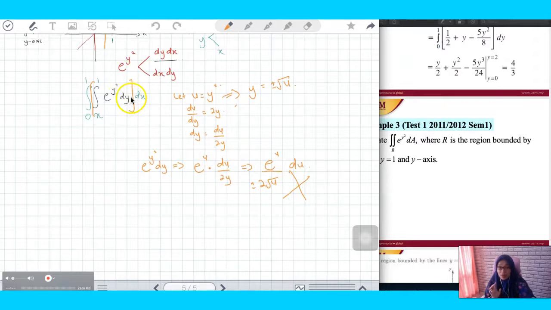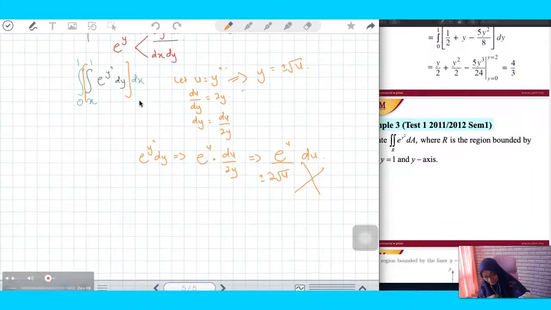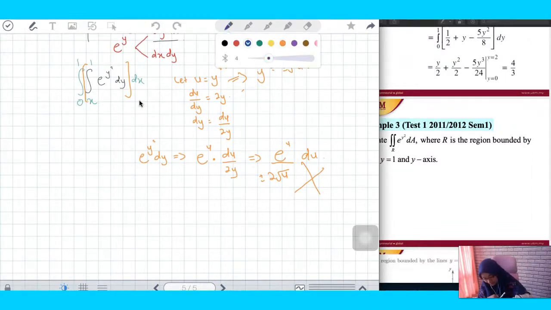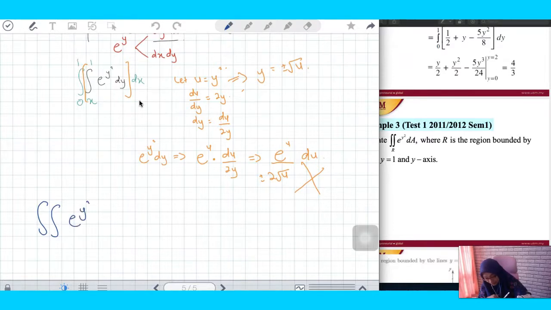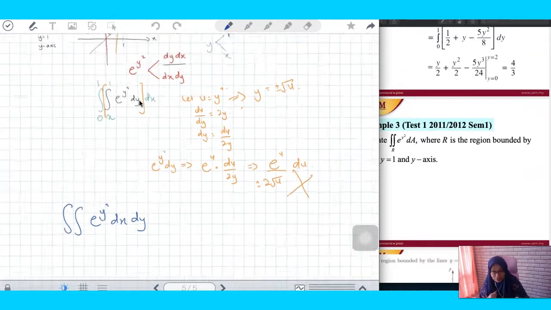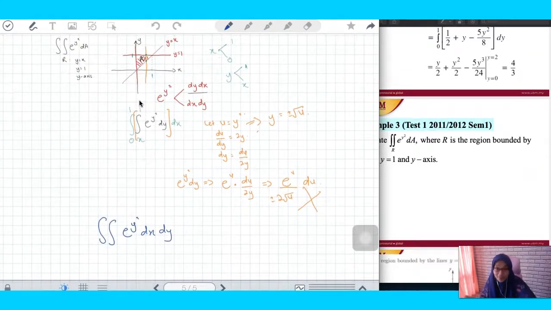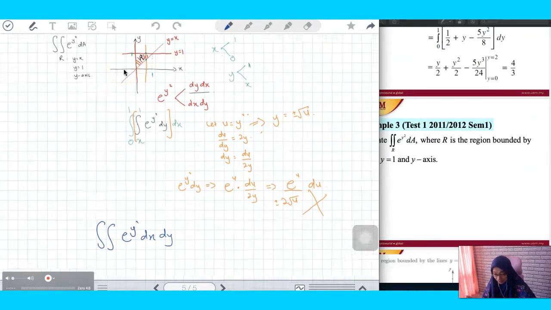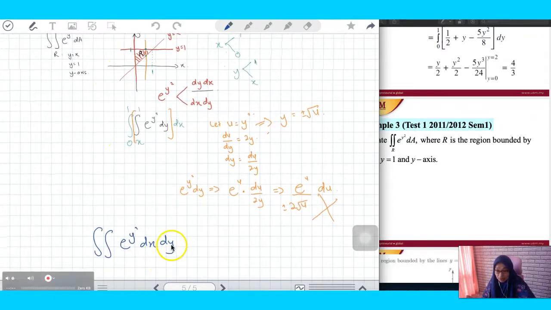Okay, now I want to use dx dy. So let me change: the double integral now becomes the integral of e^(y squared) dx dy. Since we want to change the order, you have to look again at the region, because you have to determine the limits now. Which means that y is now the outer variable.